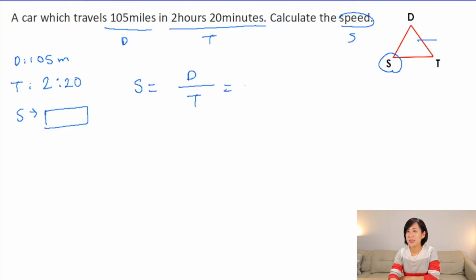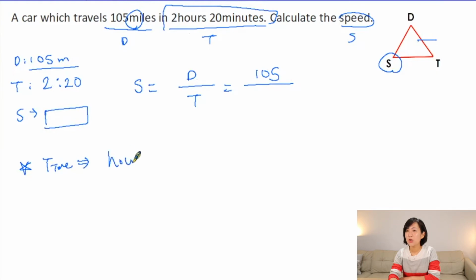Now let's see, distance is 105 miles. Then remember, you always need to check your units. Since time is in hours, but we've got hours and minutes, 2 hours and 20 minutes, you always need to show hours.